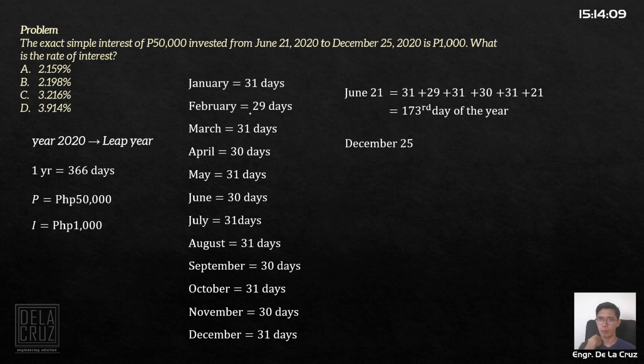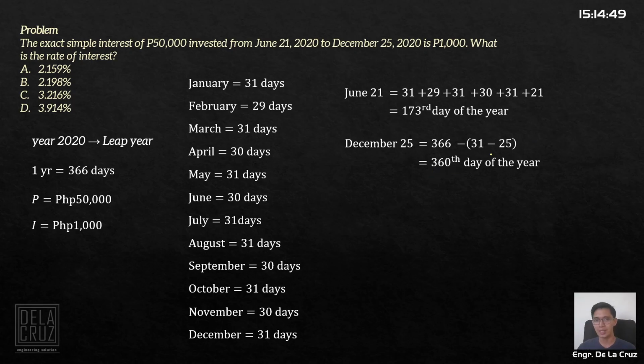December 25 naman. Yung December 25, pwede natin bilangin from January up to December. Pero I think medyo mahaba. Kunin na lang natin yung ano, 'di ba? In a year, leap year, 366 days 'yan. Okay, isubtract ko na lang yung number of days. December 25, then 31 days in December. 31 minus 25, that's the number of days until mabuo niya yung year. No? 366 minus 6. December 25 is the 360th day of the year.